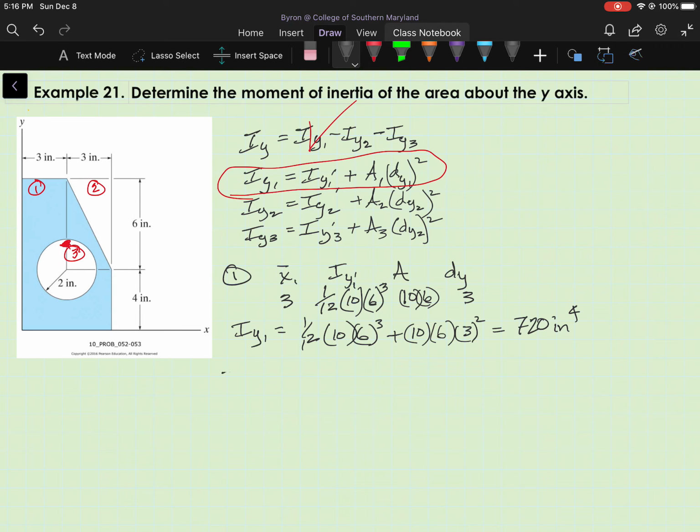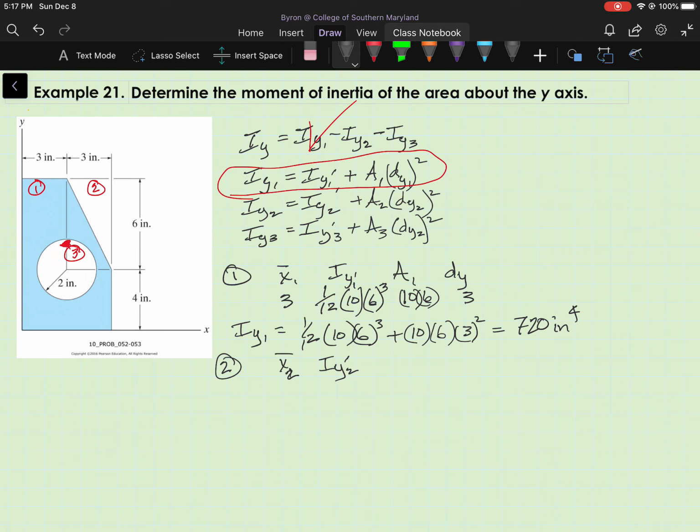Now I'm going to go to the second area, the triangular area. And I'm going to just do this table again, just to keep track of things. And that should be x bar sub 2, and this is going to be I y prime sub 2.